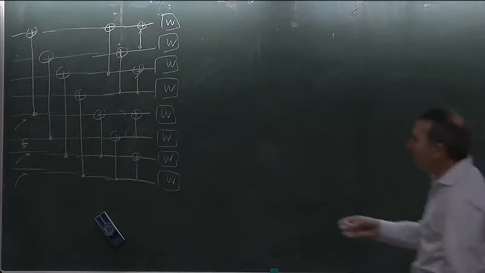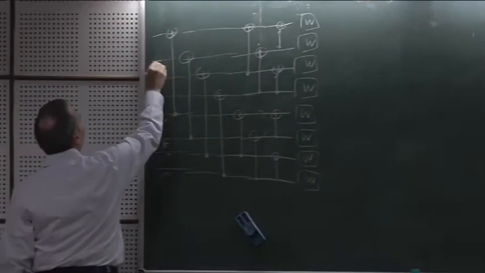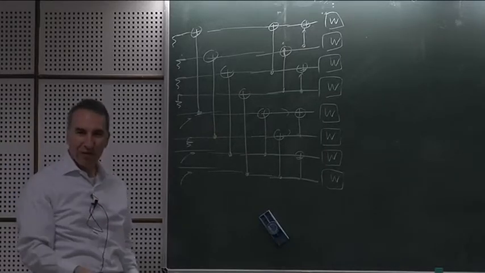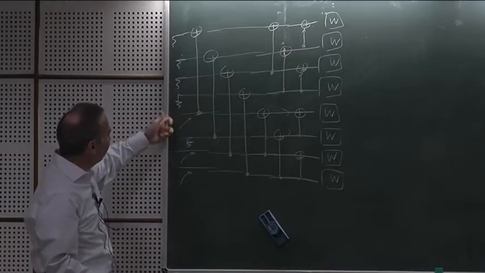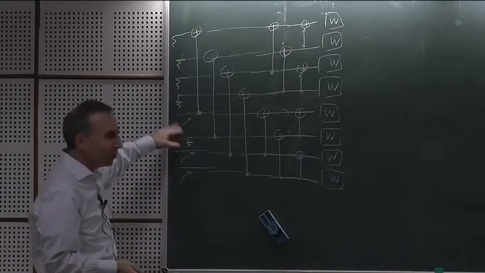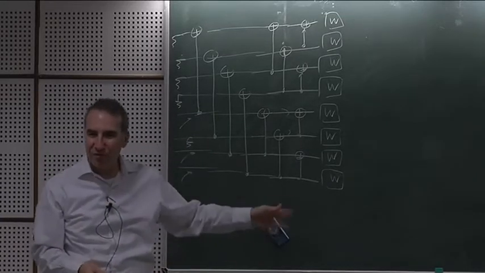So I'm going to freeze the inputs to the non-good channels to 0, and I'm going to put my data symbols here, in this case whatever it is, U5, U7, U6 or something.